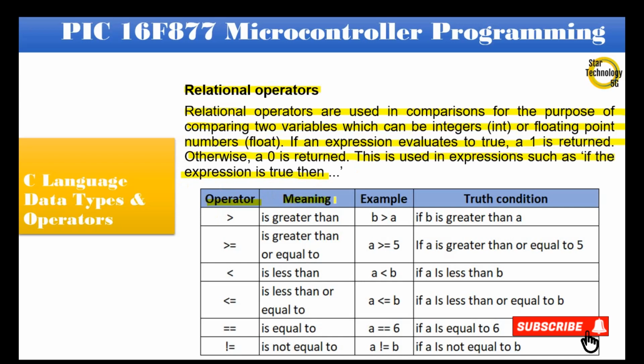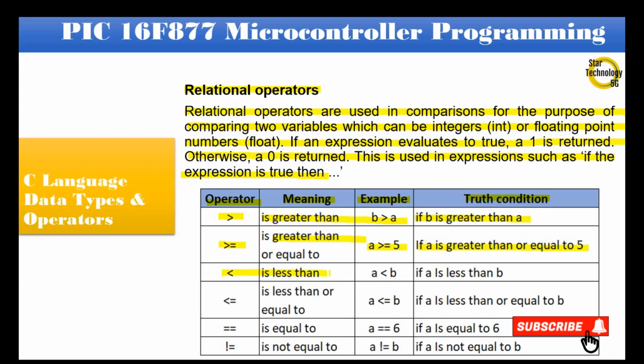Operator, meaning, example, truth condition. Operator: greater than. Example: B is greater than A, true if B is greater than A. Operator: greater than or equal to. Example: A is greater than or equal to 5, true if A is greater than or equal to 5.